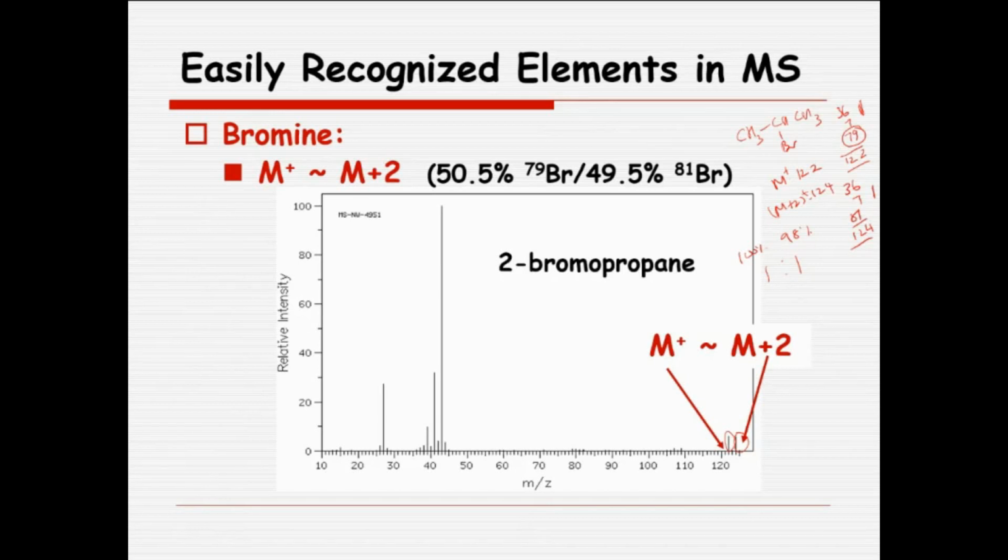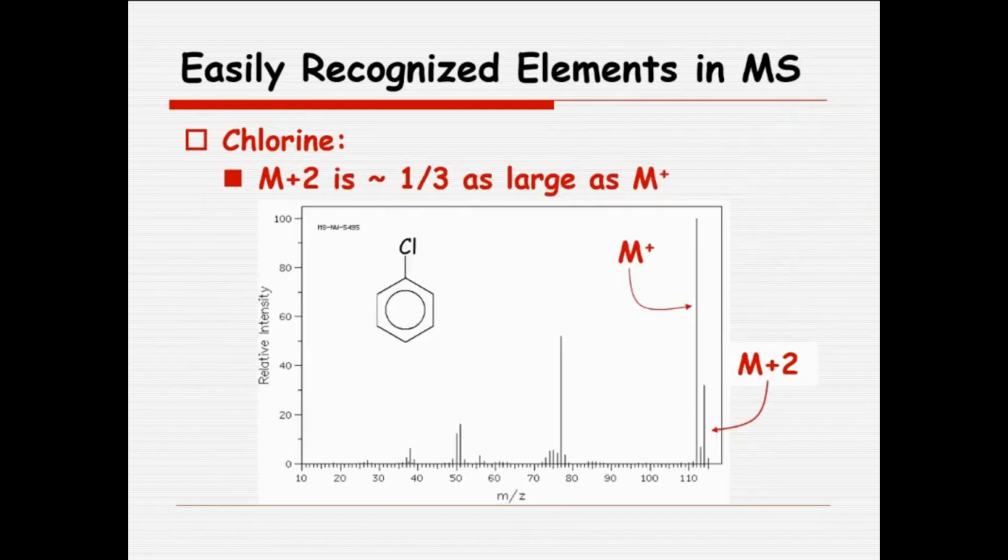Suppose I take a problem with chlorine. Here the molecular formula is C6H5Cl. So 12 times 6 is 72, then 5 hydrogens gives 5, and chlorine I take as 35.